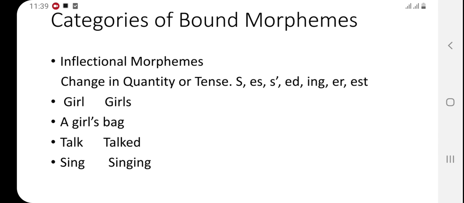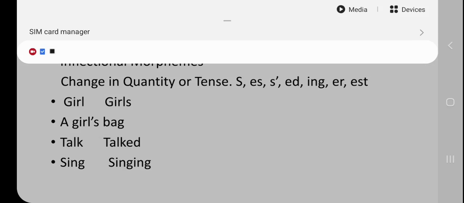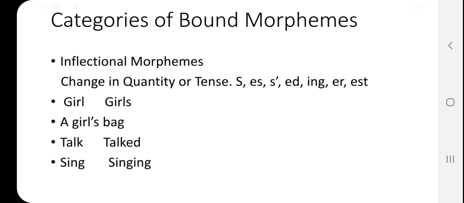And then we talk about sing, and again, when we attach ing with it, it becomes singing. So it has become the present participle form. We call it addition of ing. So these are called inflectional morphemes, where only the quantity or the tense is changed. Tense means the time. As we change from talk to talked, sing to singing, it is a change of tense.